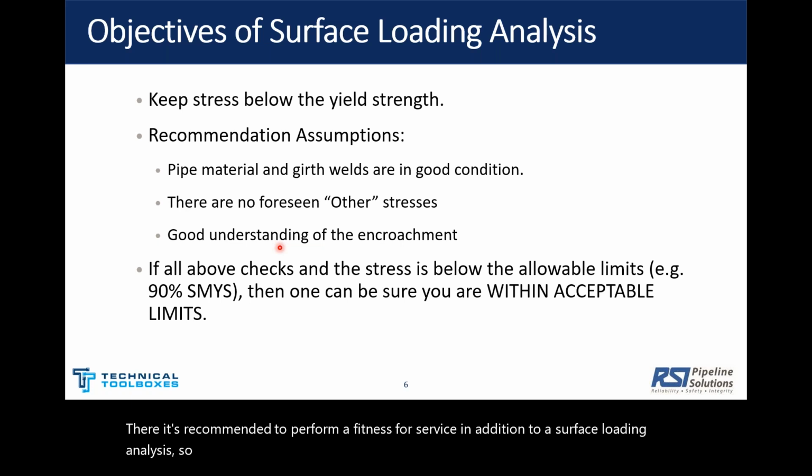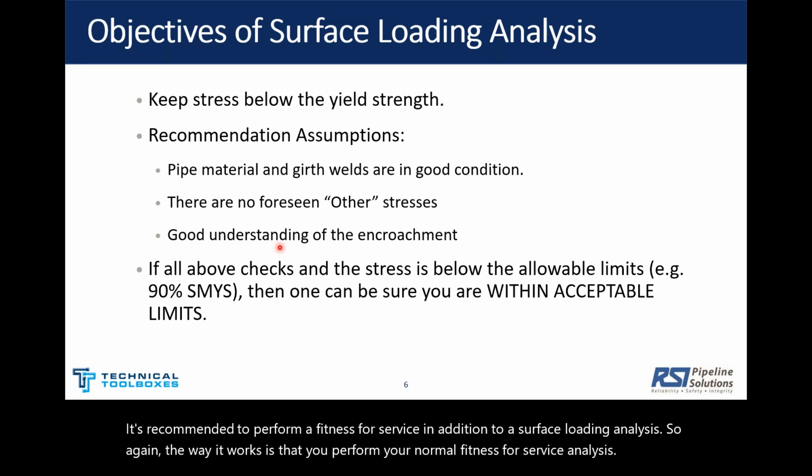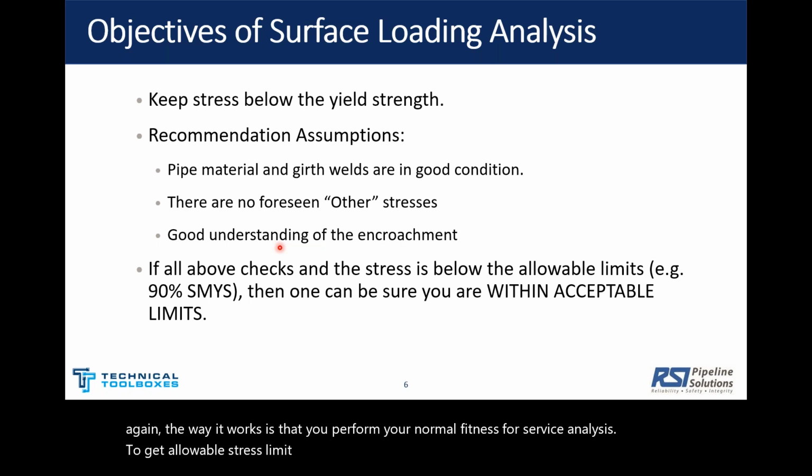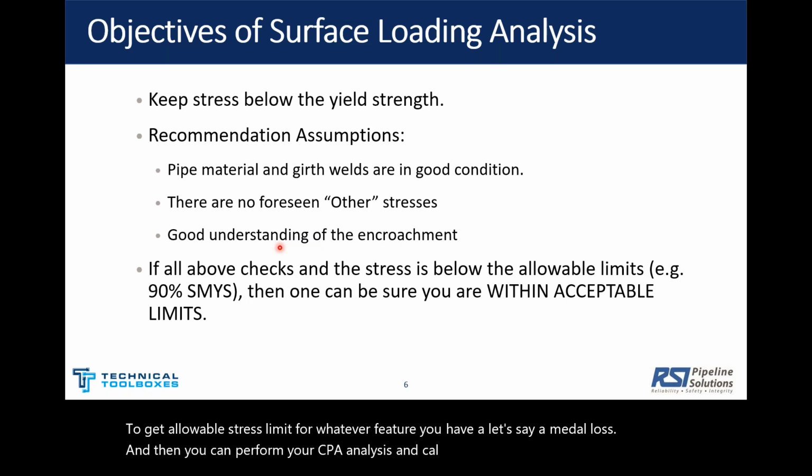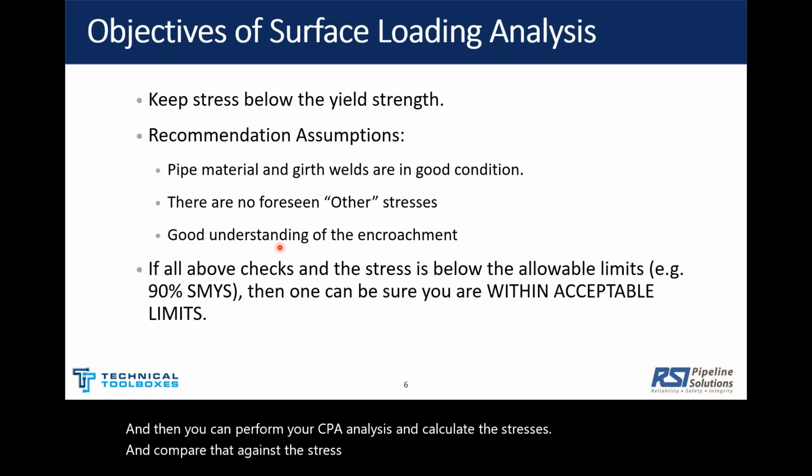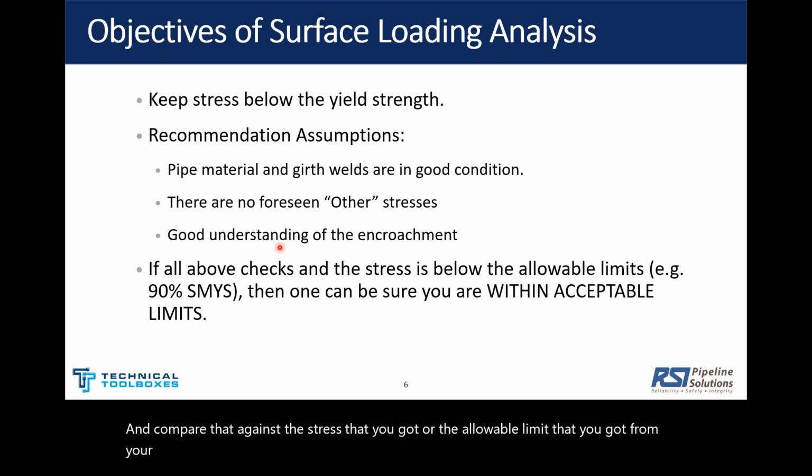The way it works is that you perform your normal fitness for service analysis to get an allowable stress limit for whatever feature you have, like a metal loss. Then you can perform your CEPA analysis, calculate the stresses, and compare them against the allowable limit you got from your fitness for service.